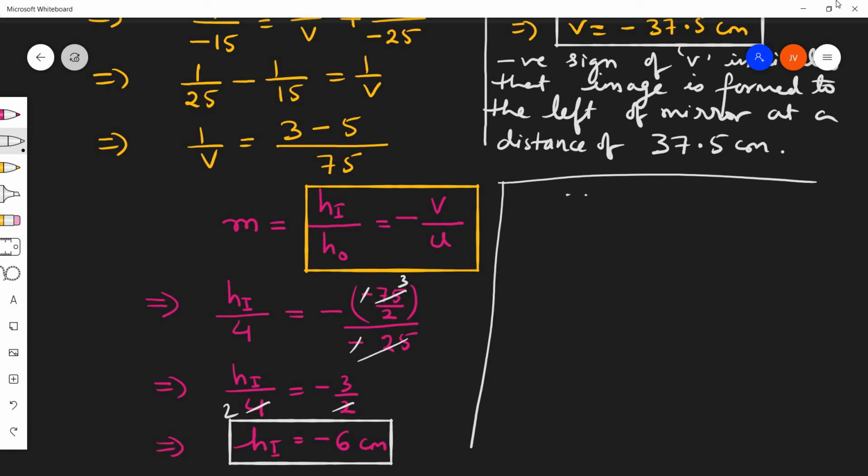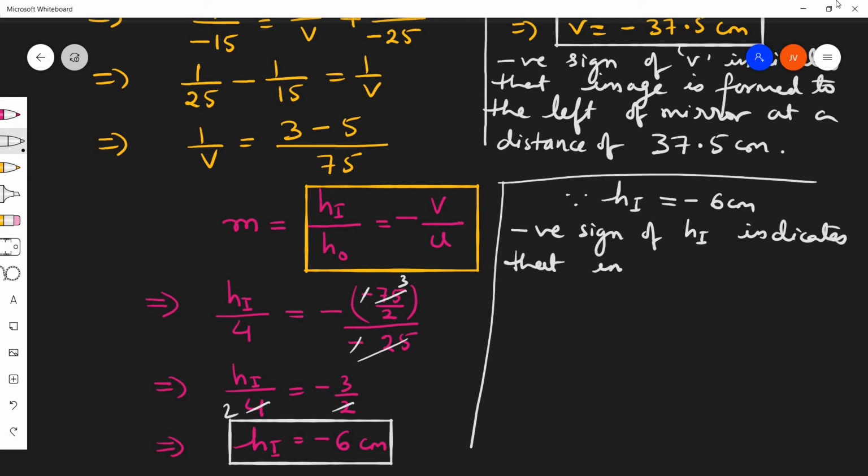Since hi, the size or height of the image, is minus 6 centimeter, the negative sign of hi indicates that the image is formed below the principal axis. Below the principal axis we can use the word inverted. So the negative sign of hi indicates that the image is inverted.